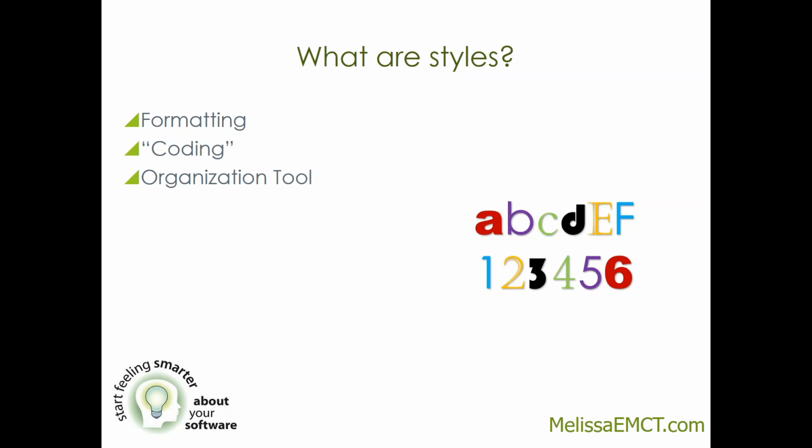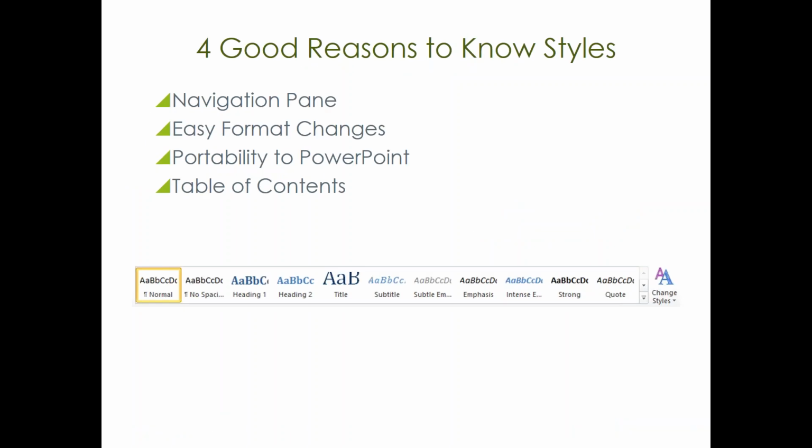That coding in Microsoft Word, the thing that codes a heading 1, a heading 2, a heading 3, can actually be read by other applications, and it opens up a toolbox that you may not even know you would have had. And it's also a way to organize your document, as we'll see.